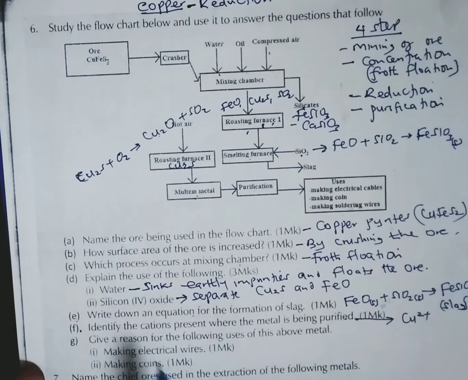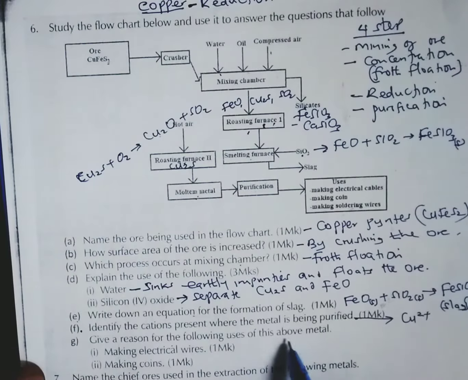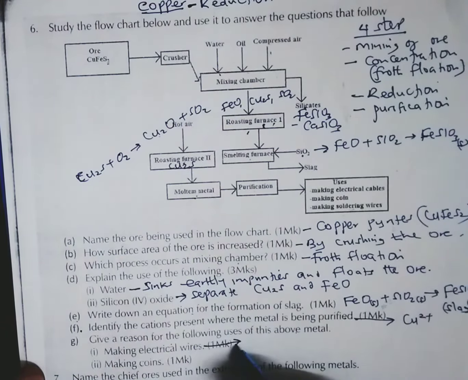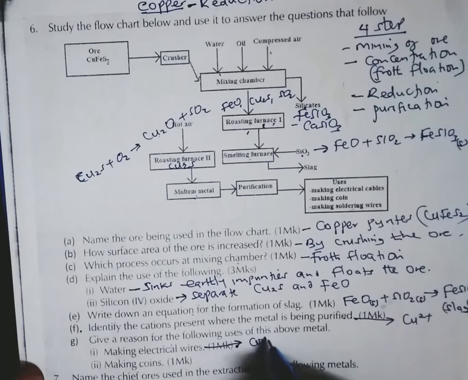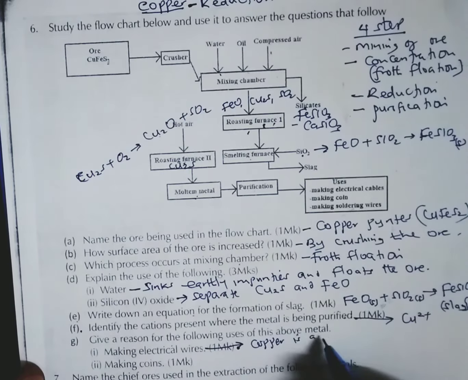We go to G, give a reason for the following uses of the above metal. The above metal is copper. We give a reason why copper is used for making electrical cables, and the reason here is because copper is a good conductor of electricity.